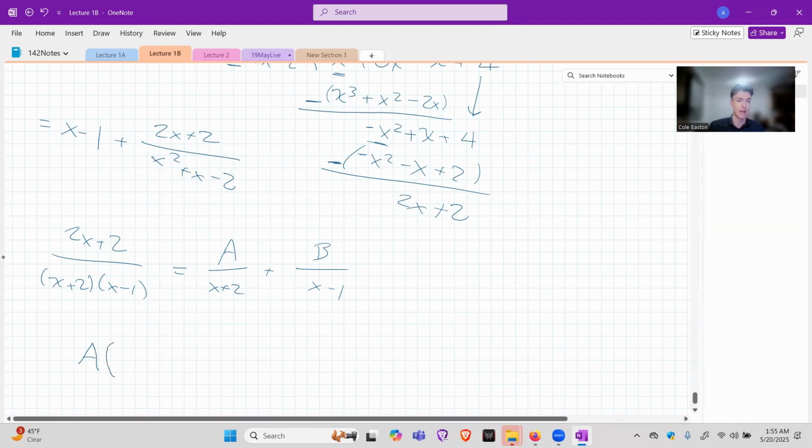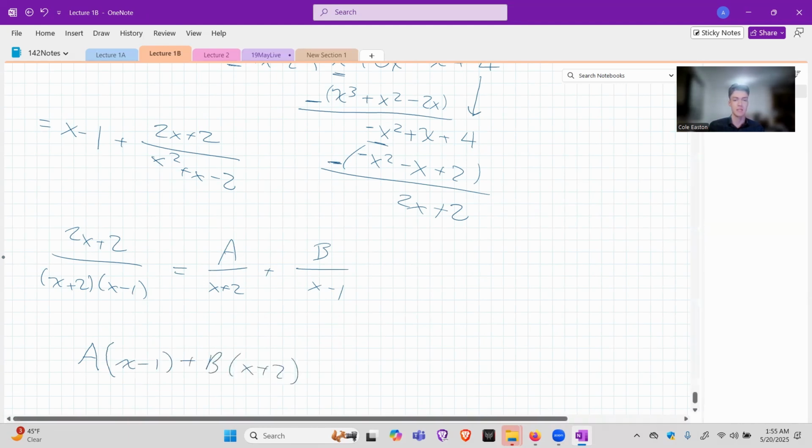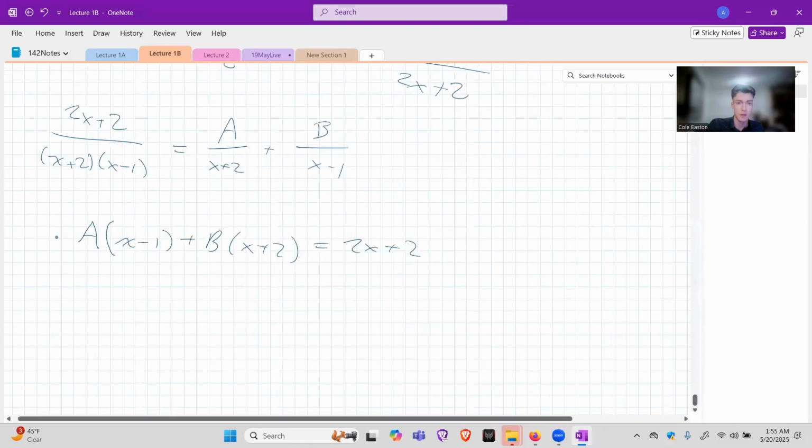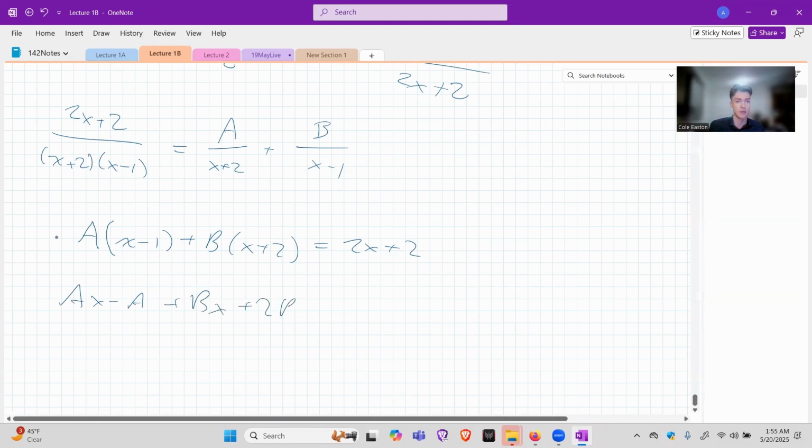So I'm just going to say a times x minus 1 plus b times x plus 2. I'm just thinking about what's going on in the numerators, and I'm just ignoring the denominators, equals 2x plus 2. And then we just go and expand it like before. So ax minus a plus bx plus 2b equals 2x plus 2.